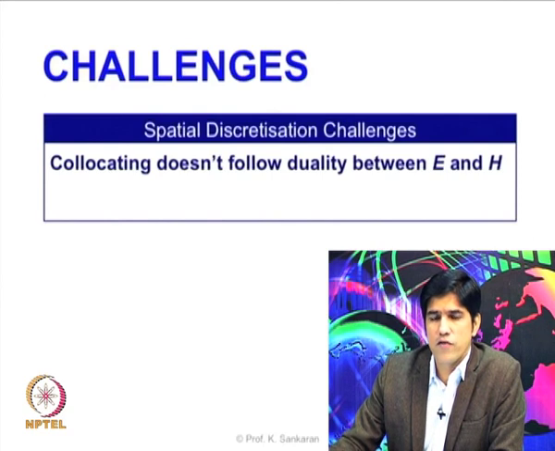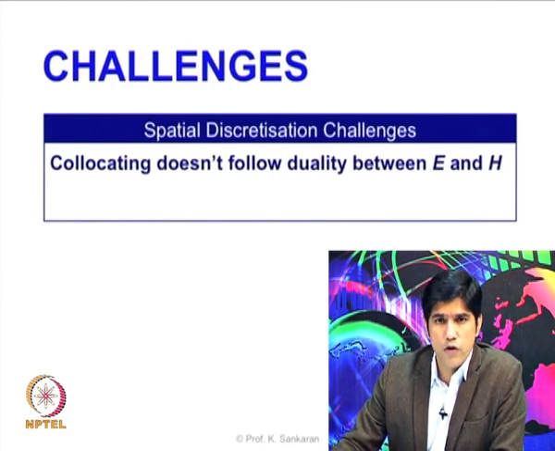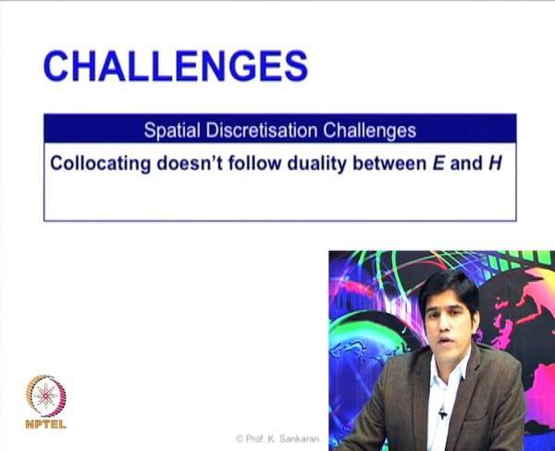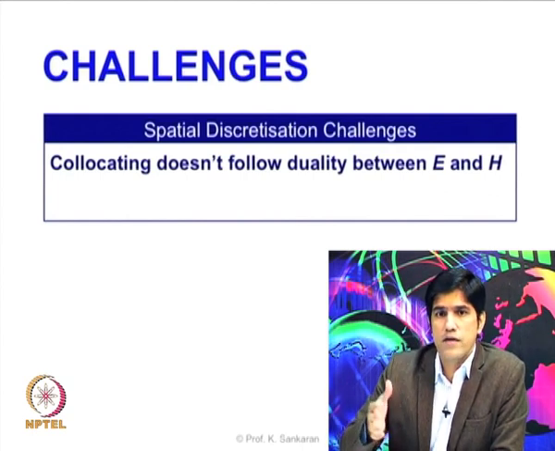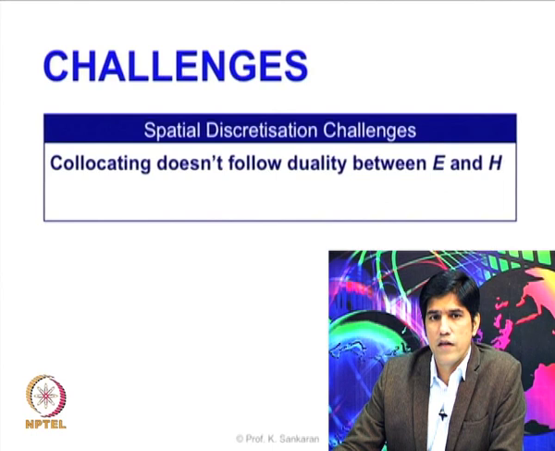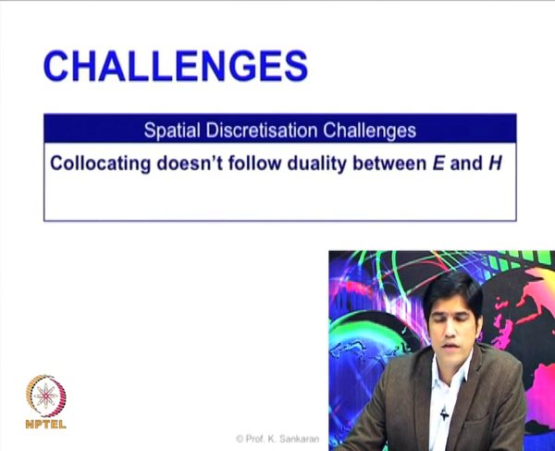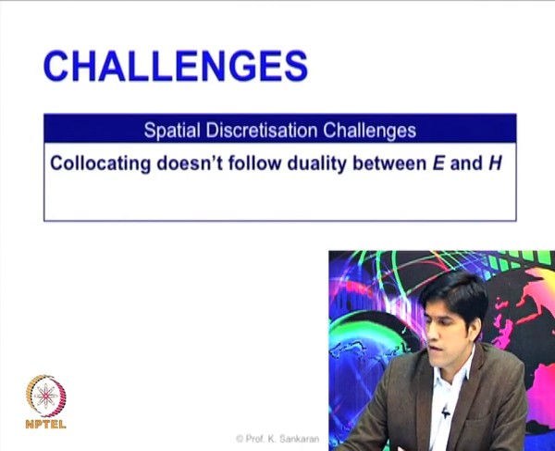For now you can understand that the E field and H field have different topological characterizations. That is something that will be destroyed when you make them co-locate in space and time. In other words, when you associate them both to a particular point, you are inherently killing the dual nature of the E and H field, and also the topological connection of the E and H field.